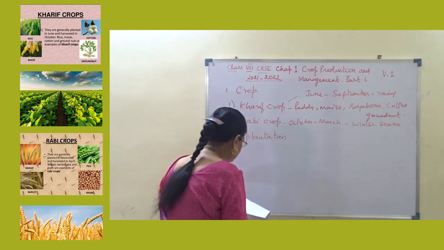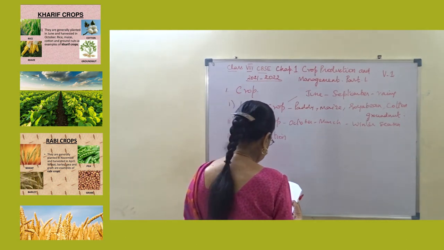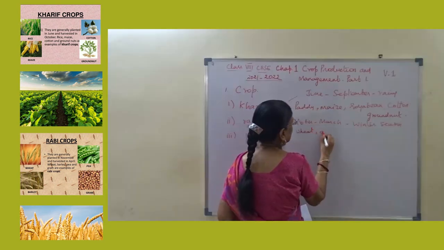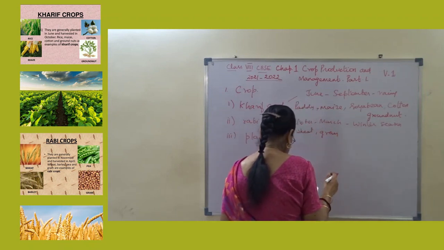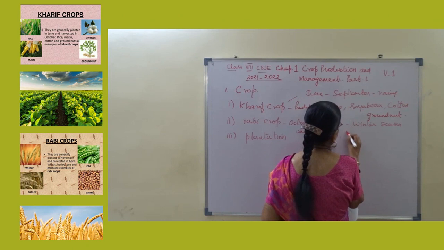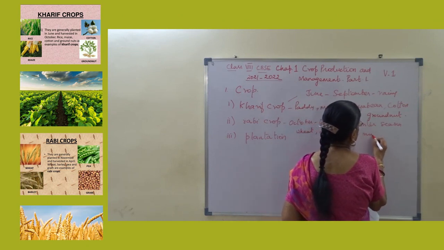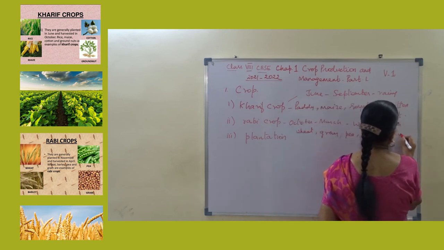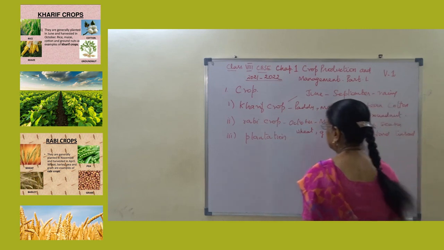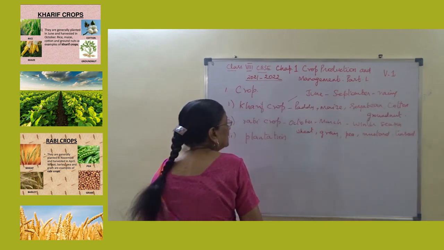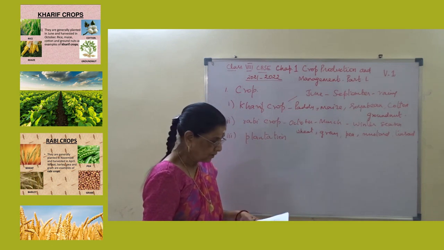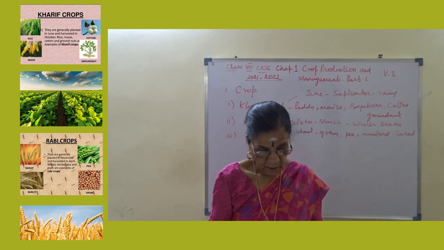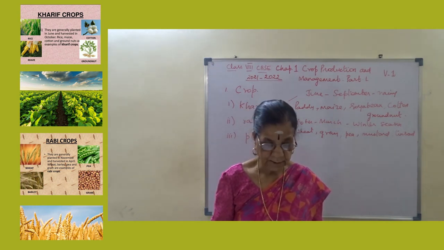Examples of rabi crop: wheat, gram, pea, mustard and linseed.